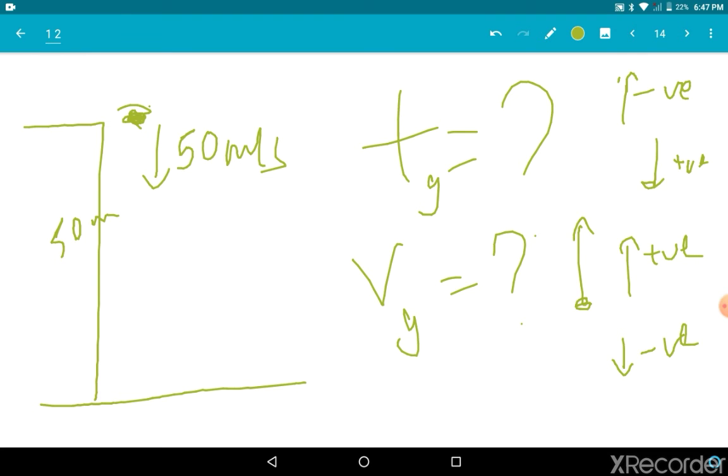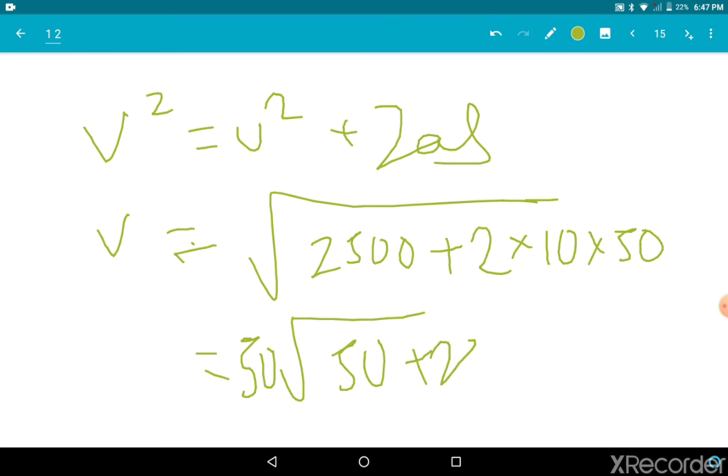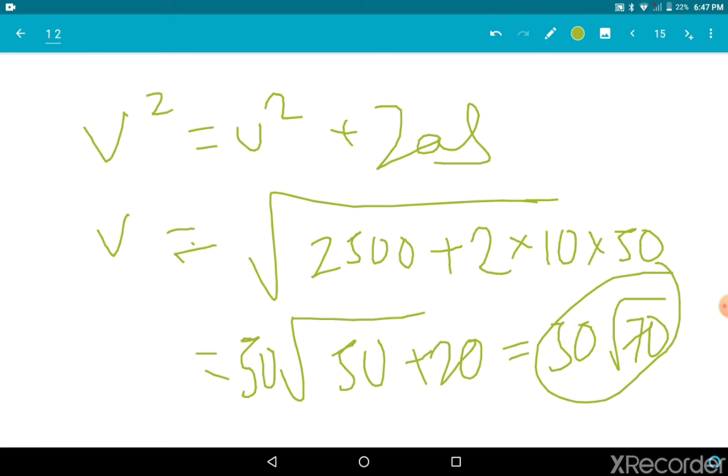It's better. So 2 into 10 into 50, take 50 common, so 50 into 50 plus 20, equal to nothing but 50 root 70. This is the answer for the v.